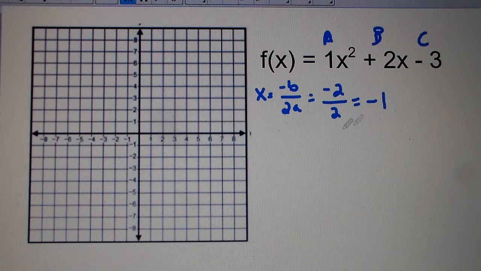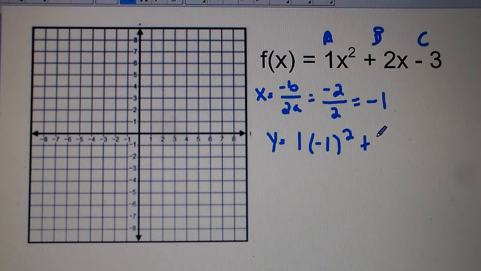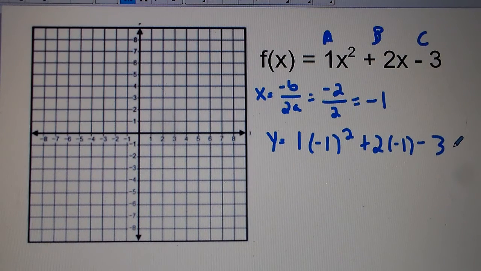Then we're going to plug that negative 1 in for the x's to find our y value. So 1 times negative 1 squared plus 2 times negative 1 minus 3. We plug it right into the calculator. 1 parentheses negative 1 close parentheses squared plus 2 open parentheses negative 1 close parentheses minus 3, and we get negative 4.